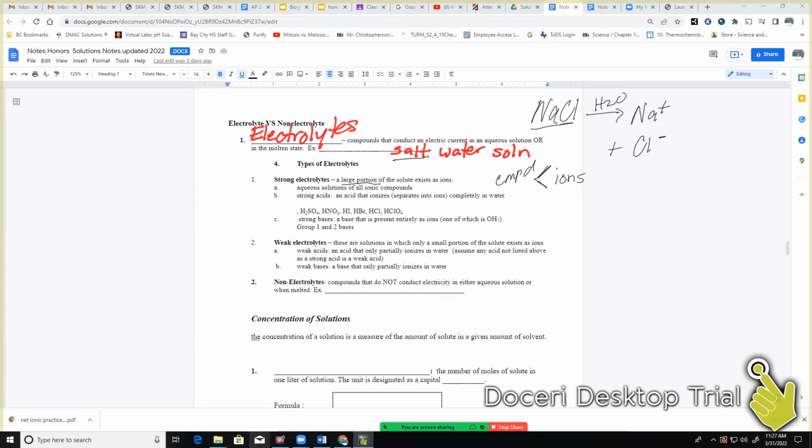So things that will do that are aqueous solutions of ionic compounds. So that covers a lot. Strong acids. Acids that are considered strong are going to ionize almost 100%, and there's 6 of them. Sometimes you'll see 7 of them, but you need to memorize those.